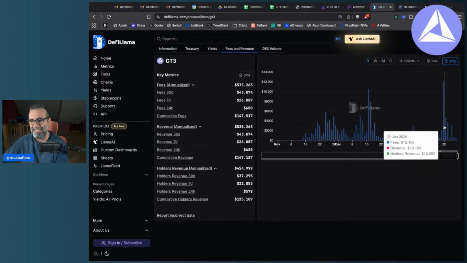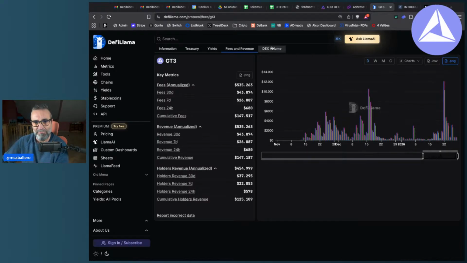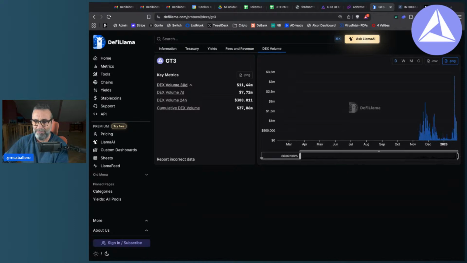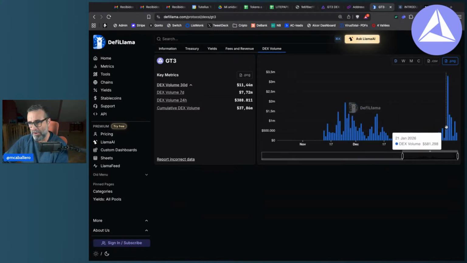And there have been days like the 22nd of January, where we generated $12,000 because we had a lot of volume. As you can see here in volume, on the 22nd of January we had more than $3 million in volume.